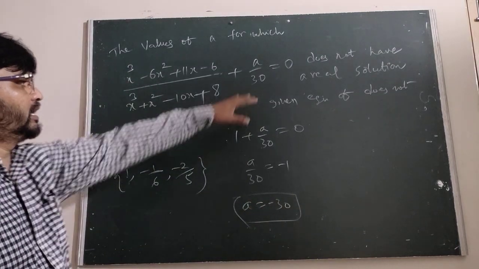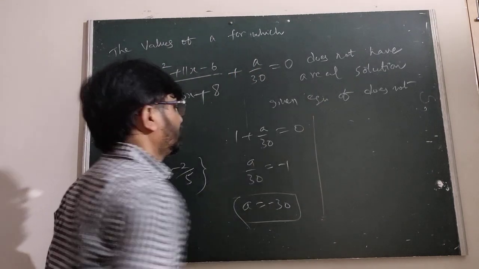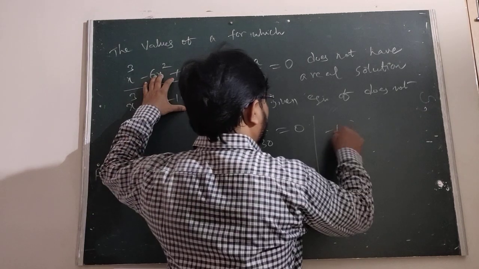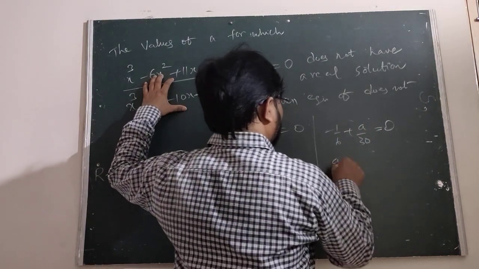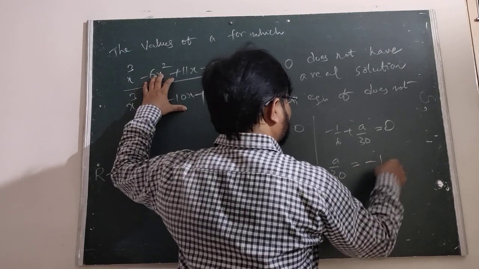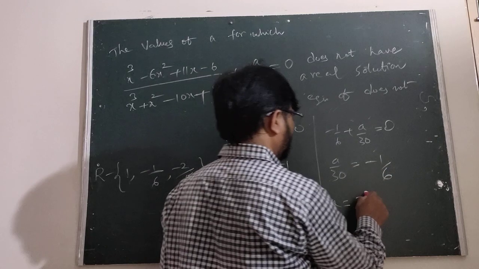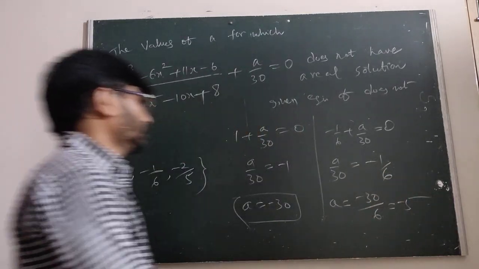And also, for the given equation to not have a real number, we take minus 1 by 6 plus a by 30. A by 30 equals minus 1 by 6. Therefore a equals minus 30 by 6, which is minus 5.